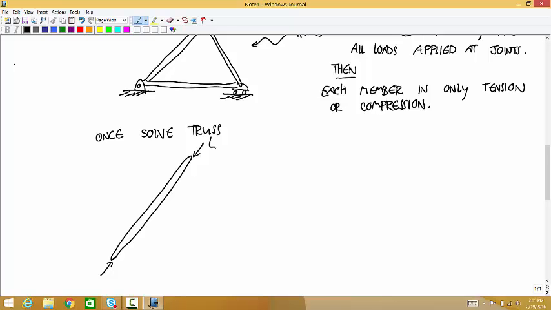Call it L for load. And then the axial stress is going to be, well, this is in compression, so negative L over the cross-sectional area, and the cross-sectional area is given. Okay. So you just have to solve this structure.